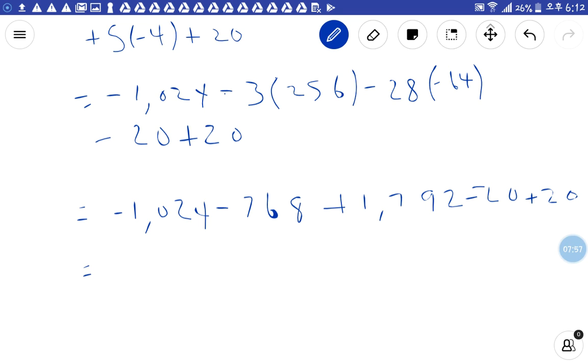And then negative 1024 plus negative 768 becomes negative 1792. Oh well, so everything is going to be canceled out. So my remainder is 0. Okay? All right, so if you want to do the synthetic division, please go ahead and you would get 0 as well.